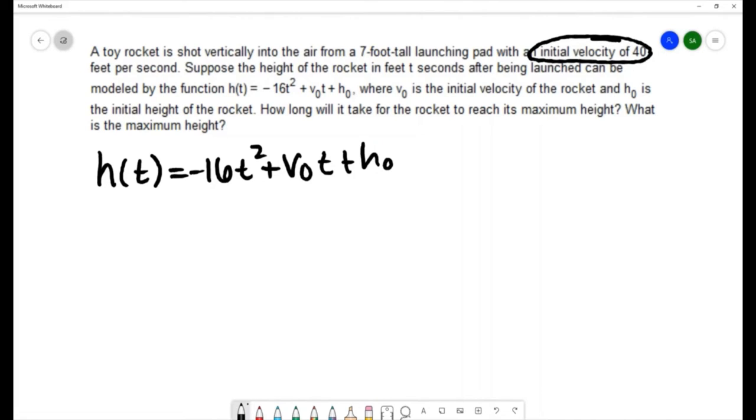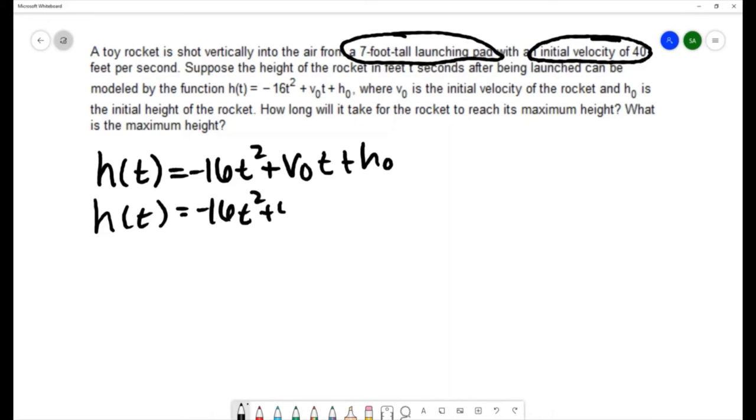And since we are launching from a 7-foot-tall launching pad, we know the initial height of this toy rocket. So we can modify this function to be negative 16t squared plus 40t plus 7.